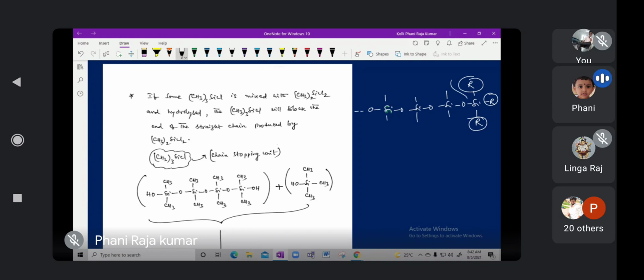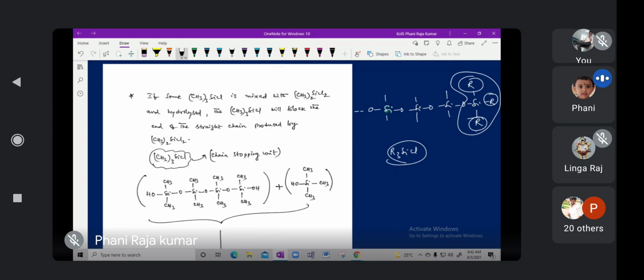This particular part is called the chain controlling unit. It has 3 alkyl groups, that means R3SiCl, not R2. R3SiCl is a very useful unit for controlling the chain length. Whenever we have to stop the chain, we add sufficient quantity of R3SiCl. Then the polymerization stops there.